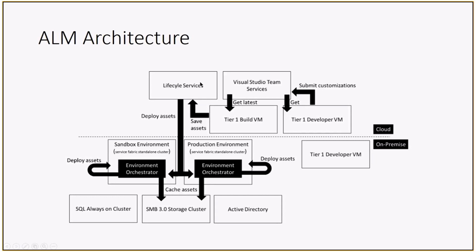When you are trying to deploy an environment, you can then take the deployable package from Lifecycle Services, and from LCS, you can apply the update or the deployable package to your environments which are on-prem. In this diagram, you can see that there's a production environment and a sandbox environment. In LCS, you will have the ability to push down an update or a deployable package to the production and the sandbox environment.